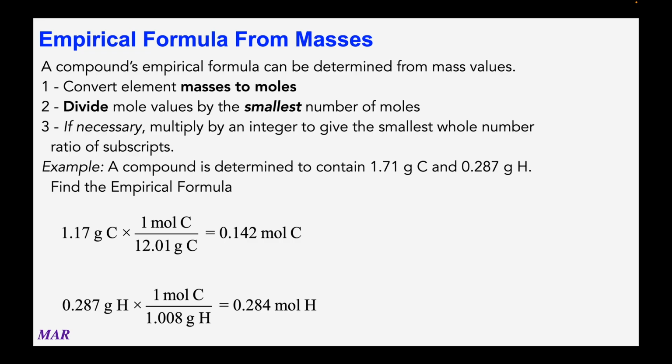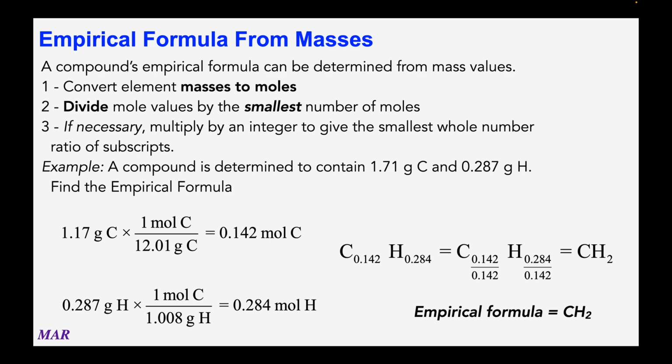And at this point, you do have like a rough formula. It would be C0.142 H0.284. But that's pretty ugly. All right, that's not a formula like we've talked about in class so far. So to get it into a whole number ratio, you divide both of these numbers by the smaller number. So 0.142 is smaller than 0.284.